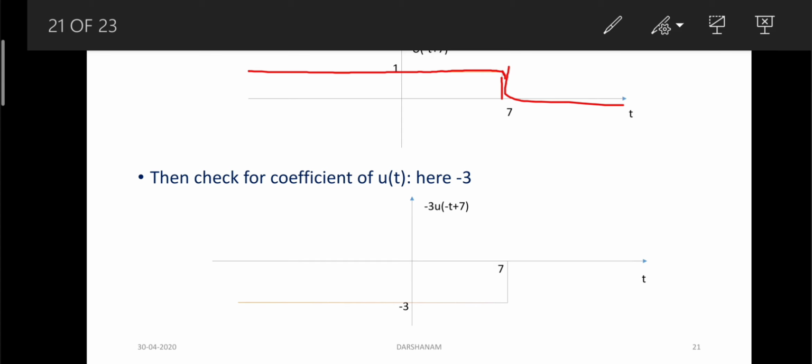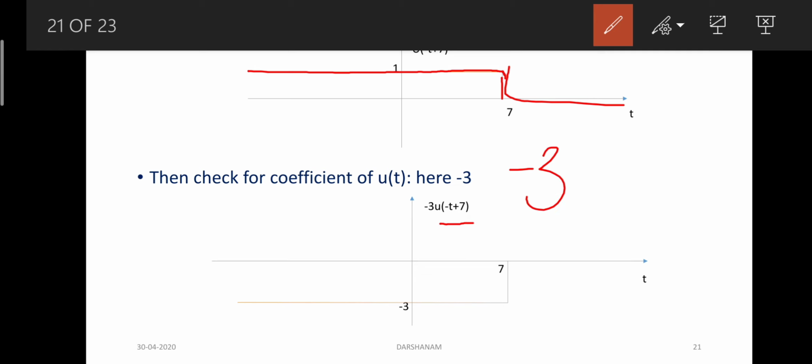The next thing is the coefficient of u of t. Here the coefficient is minus 3. We have to multiply this u of minus t plus 7 with minus 3. For t less than 7, it is equal to 1.